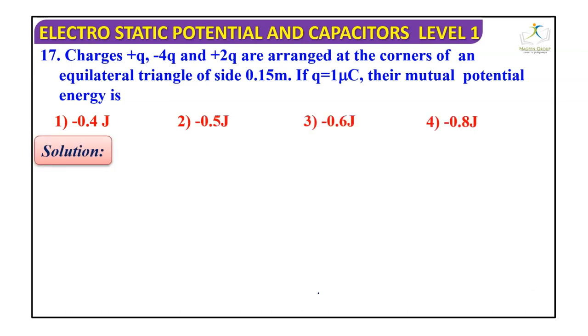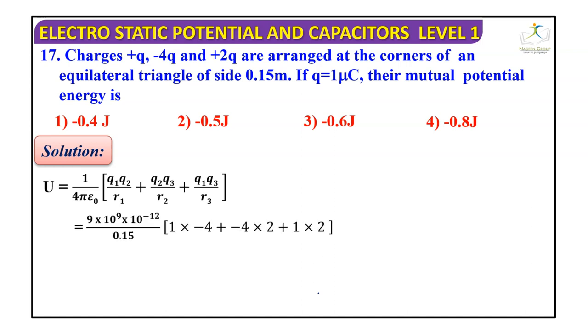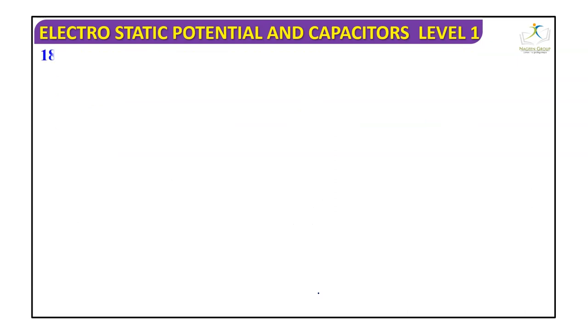Let us move with the solution part. So U is equal to 1 by 4 pi epsilon naught times (Q1 Q2 by R1 plus Q2 Q3 by R2 plus Q1 Q3 by R3). We just put all the values given in this question and get the result, which is minus 0.62. According to this, the correct option is option 3.